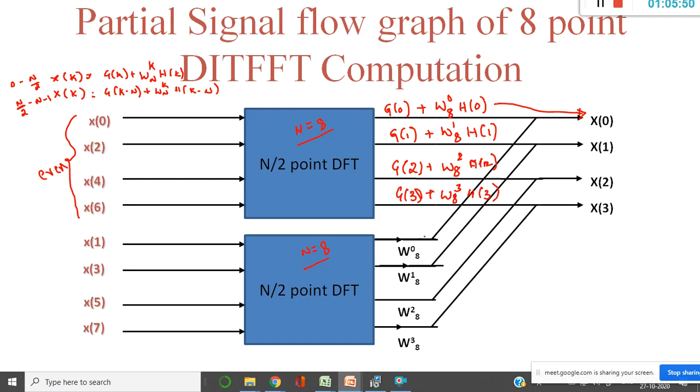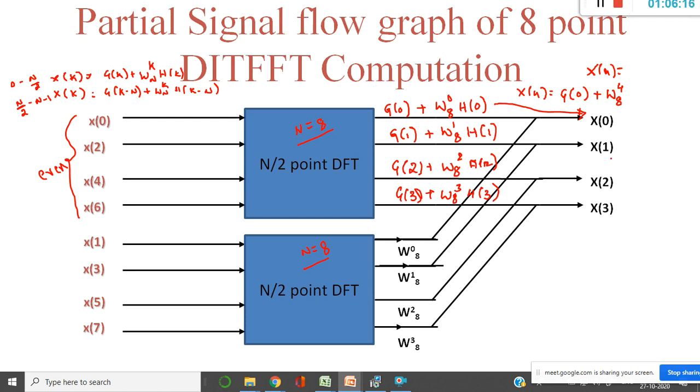How do you calculate X4 now? X4 is equal to g of 0 once again plus W_8 to the power of what? 4. Am I right?